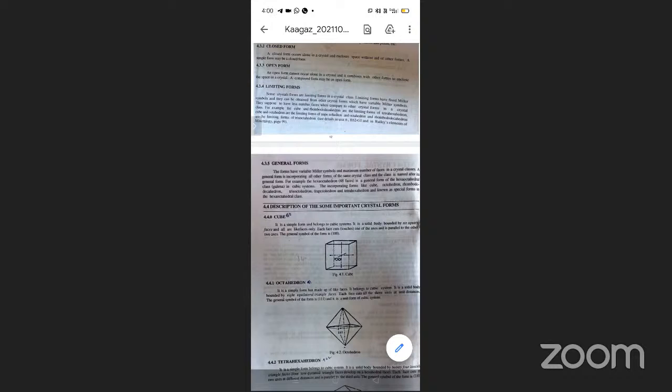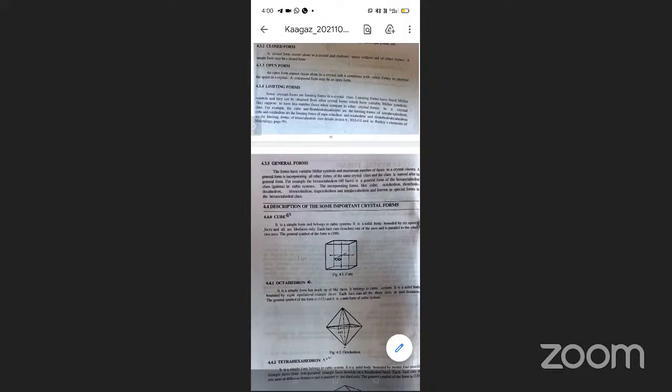We have seen in the previous two classes, yesterday and today, how crystals are classified into systems. Here we see the isometric, tetragonal, and orthorhombic systems.